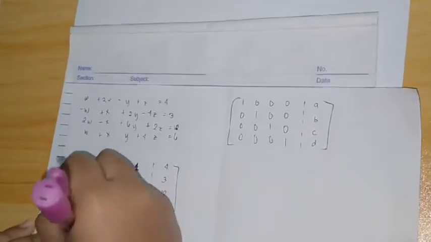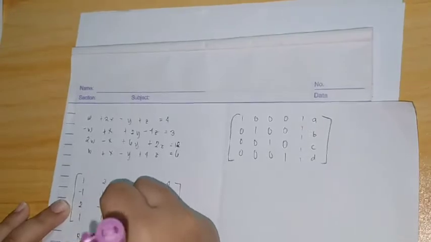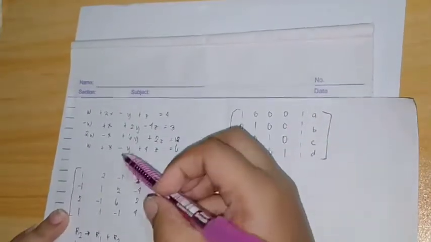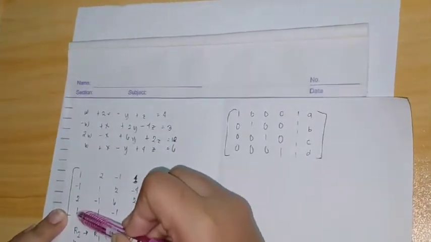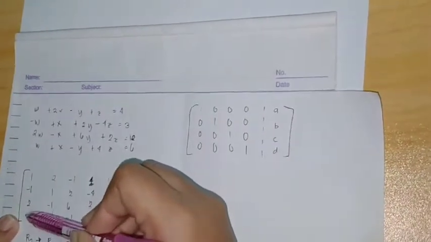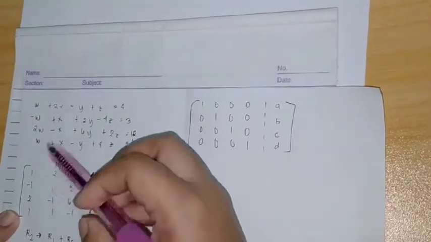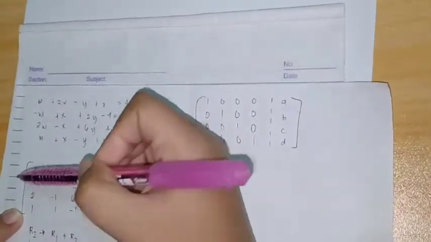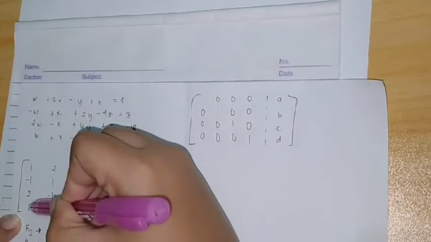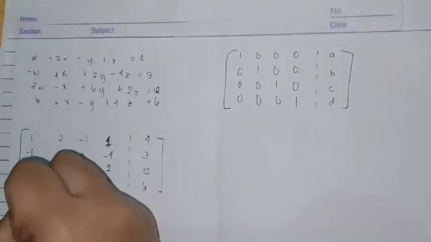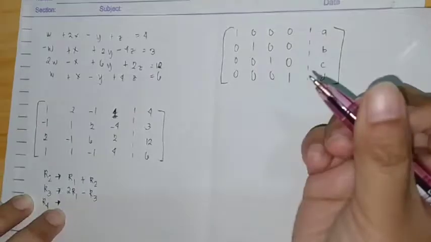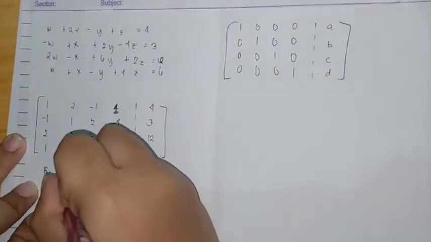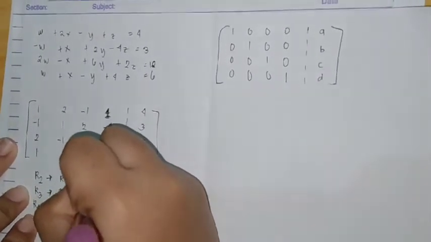So the new R3 is 2R1 minus R3. Now, for this row, we're just going to subtract row 4 from row 1 to find the new row 4. So R1 minus R4.